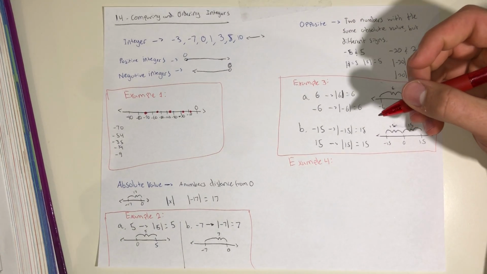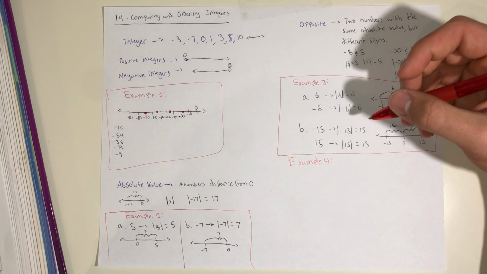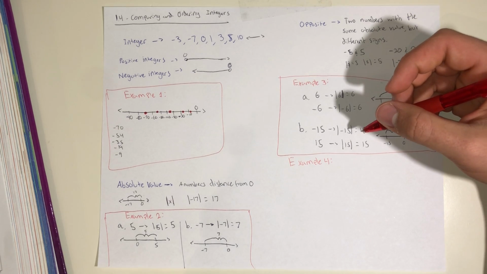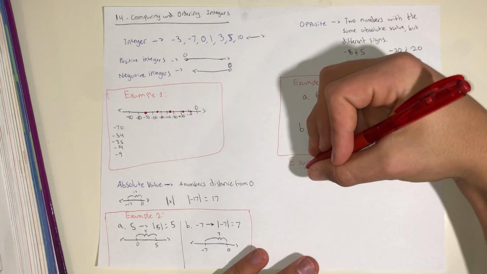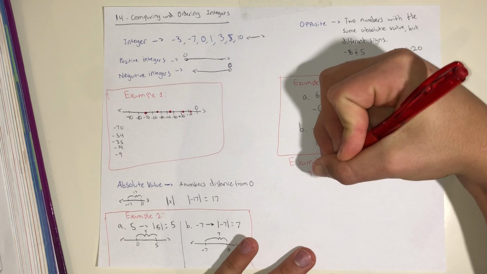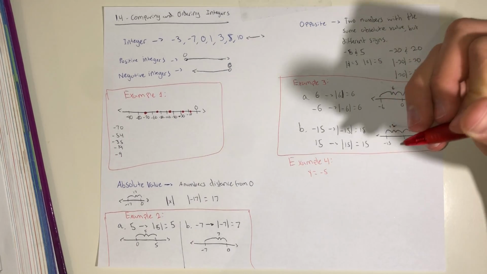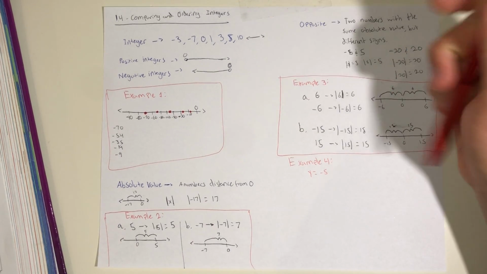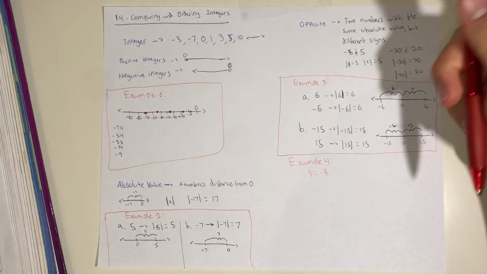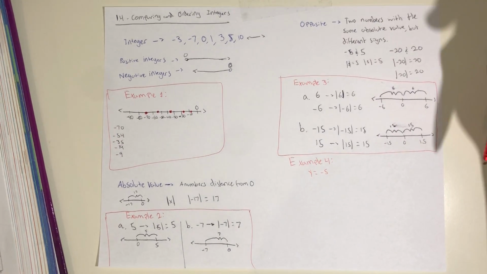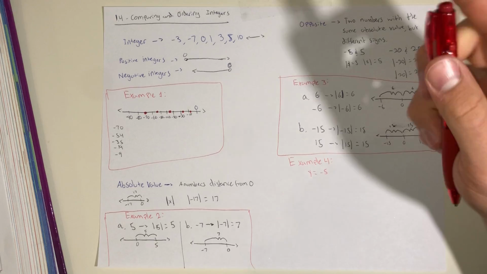Example 4 will be evaluating different expressions when y equals -5. So once again, we're going to bring our knowledge from lesson 1.1 into here, of implementing variables into expressions.